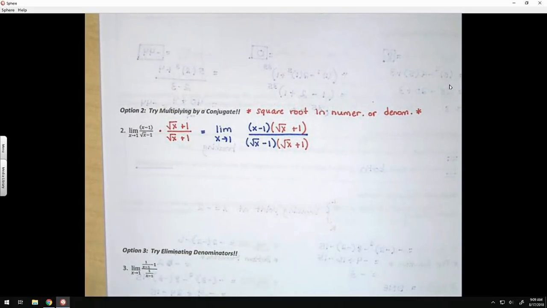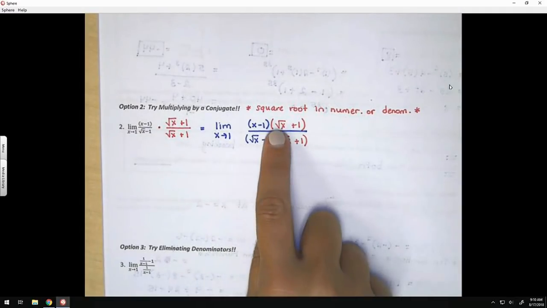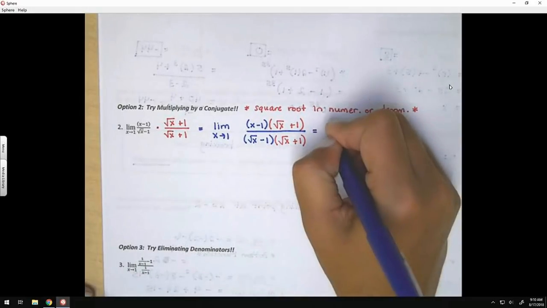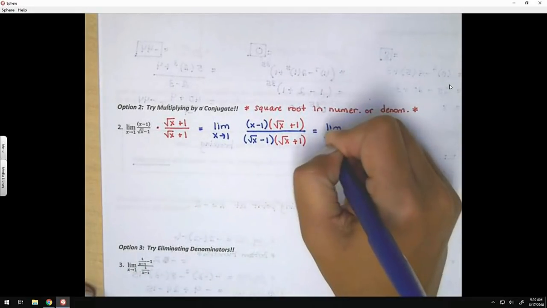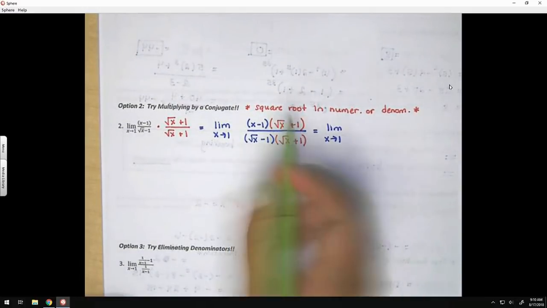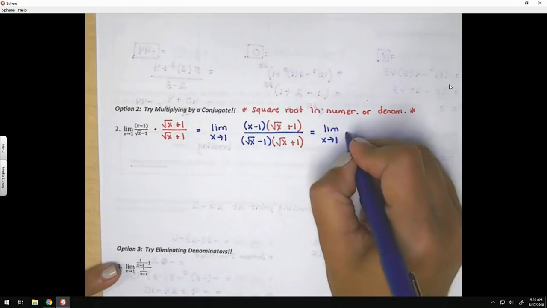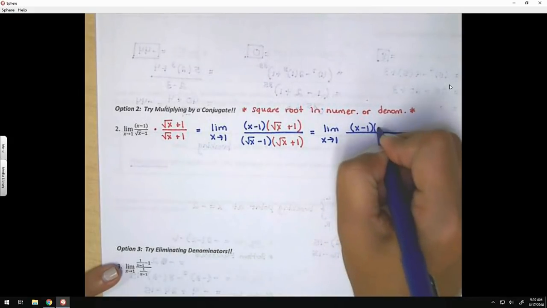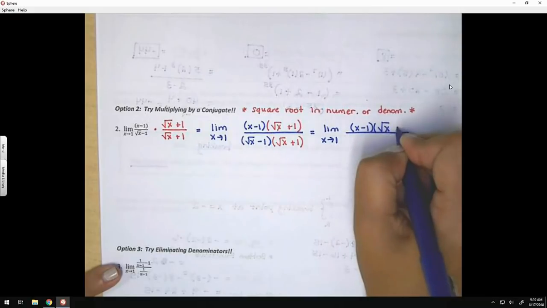Now, when you're simplifying this, you are not going to FOIL out and multiply these binomials together in the numerator. You're only going to multiply the conjugates together, and here's why. My next step is going to be to multiply these two conjugates together by distributing. So in the numerator, I'm still going to have x minus 1 and the square root of x plus 1.